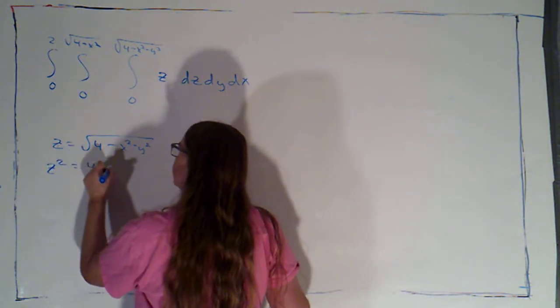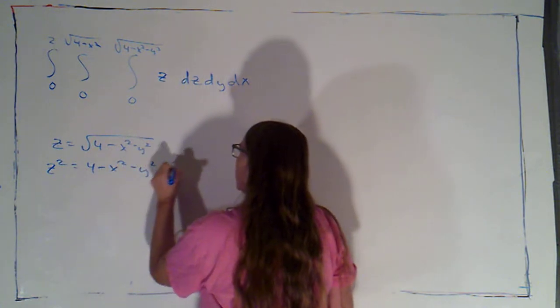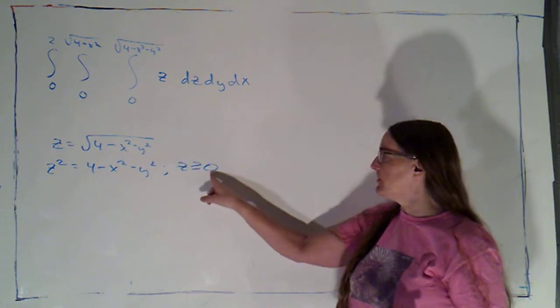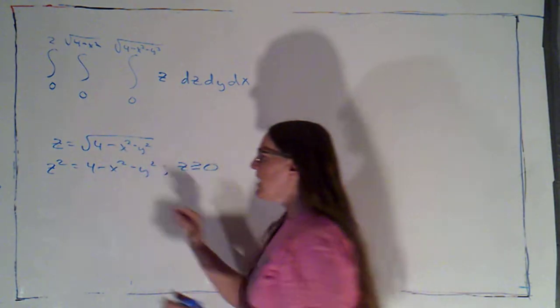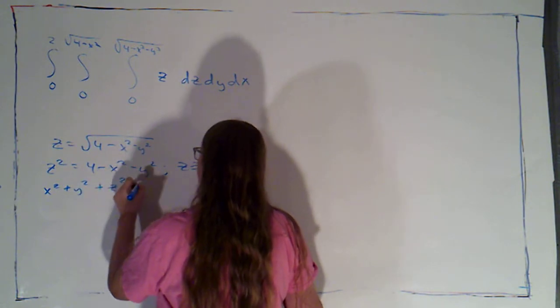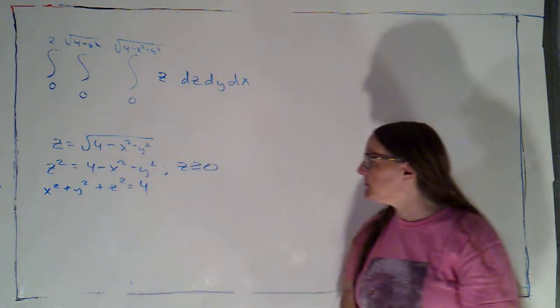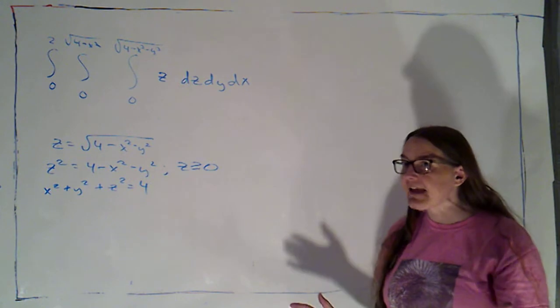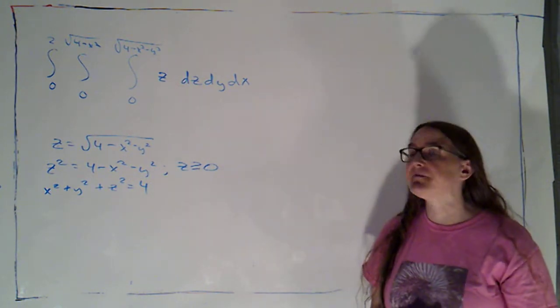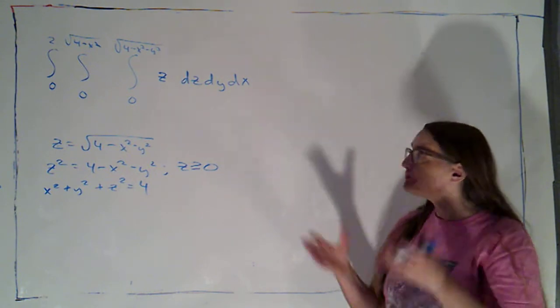Square both sides, recognizing that since z was defined to be a principal square root, it's non-negative. Now when I add over the x squared and the y squared, that's looking very familiar: x squared plus y squared plus z squared equals 4. With z non-negative, that is the top half of the sphere of radius 2.